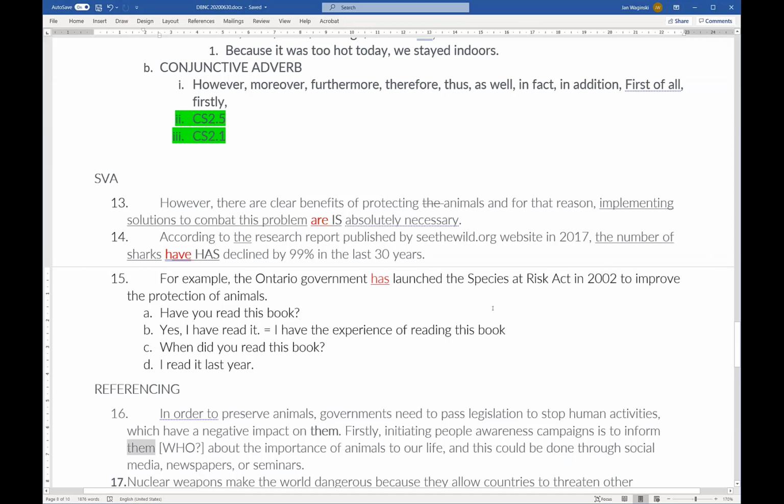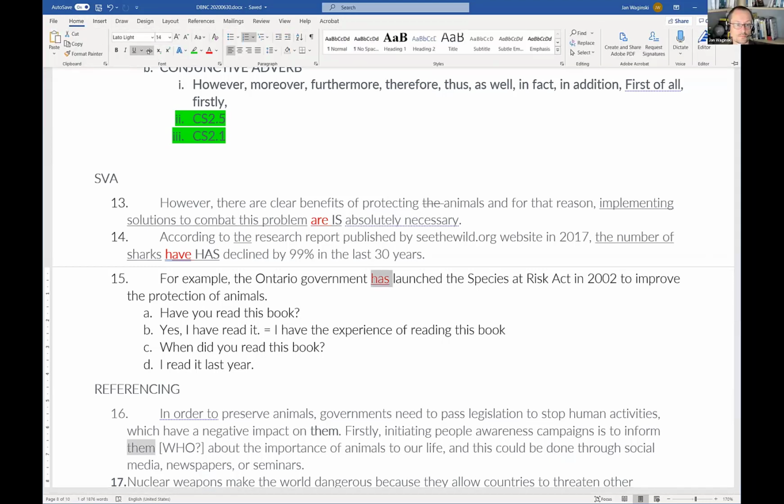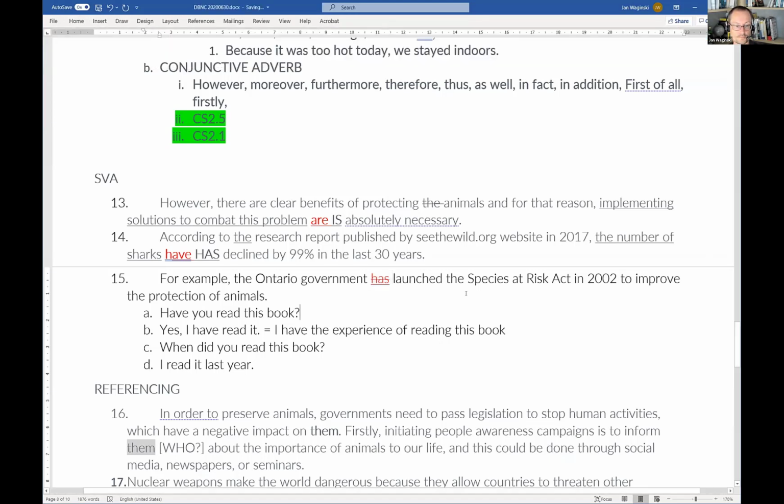What will it be, like, the Ontario government... Oh, just launched. Launched? Present simple and past simple by far are the most common verb tenses, so you're going to be using those the most.